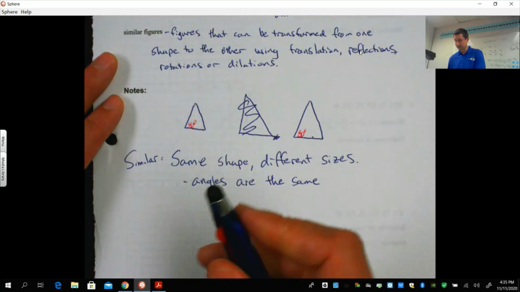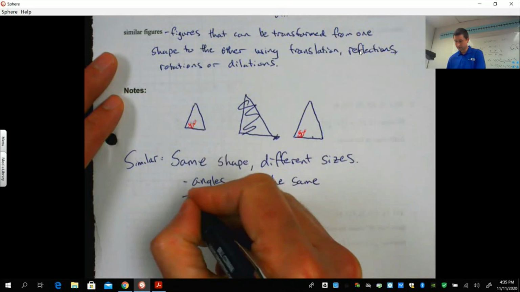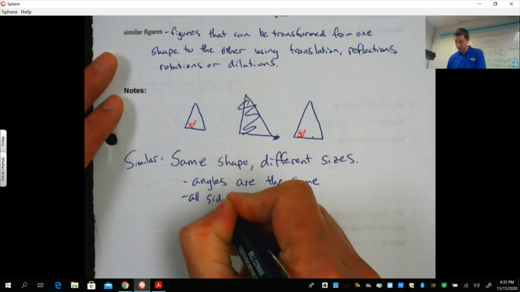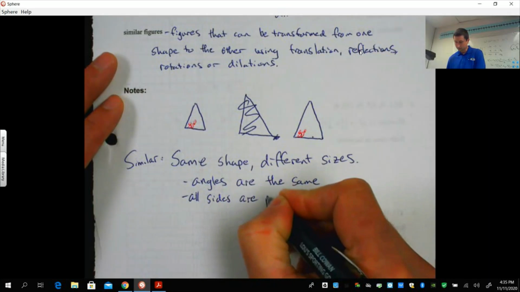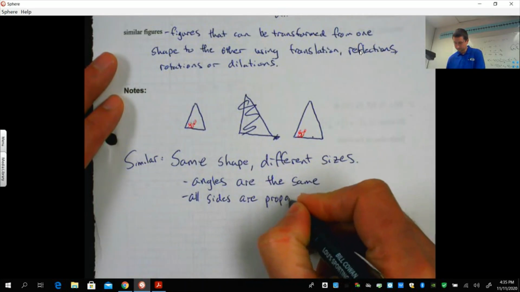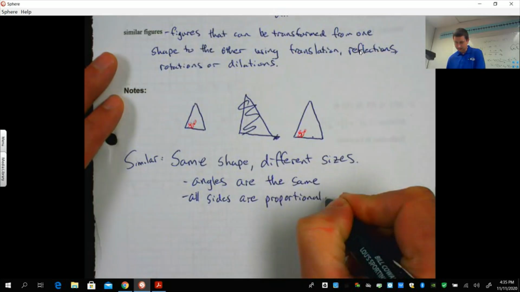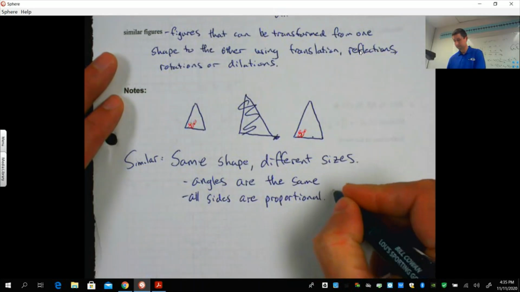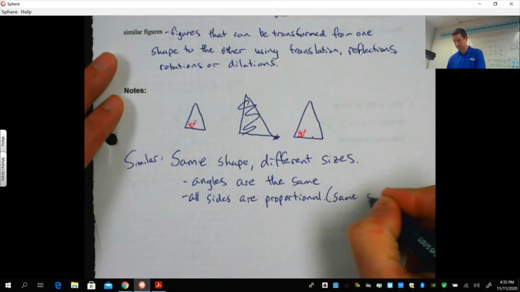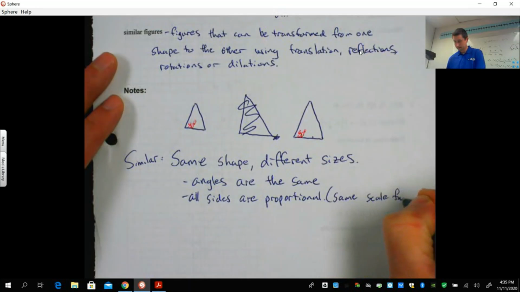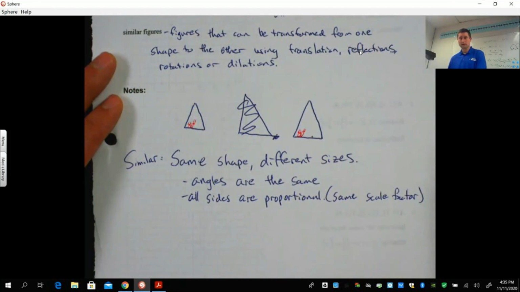Okay, but the sides are going to be proportional. All sides are proportional. That means the same scale factor.